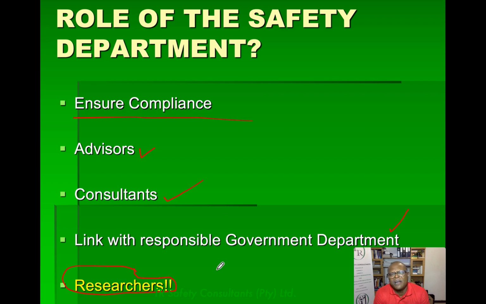Hence, you will find for every tertiary institution offering an undergraduate qualification, research methodology is a must. Actually, in the first world, you don't get appointed as a safety practitioner if you don't have a minimum of a degree. But in our mining industry, we've got a different set, a different history.